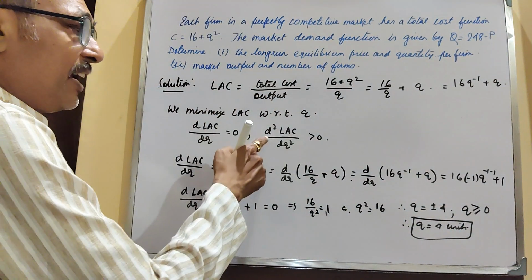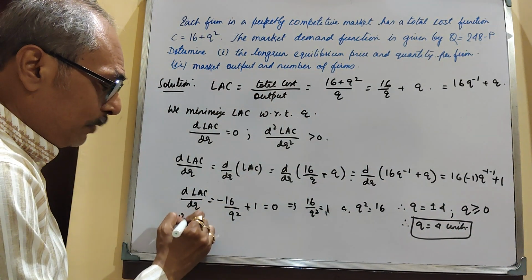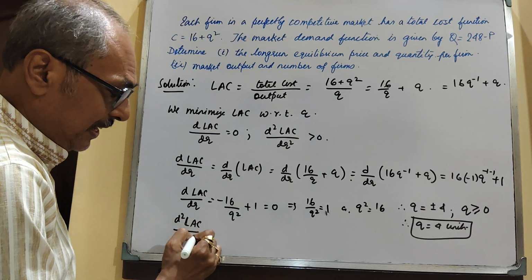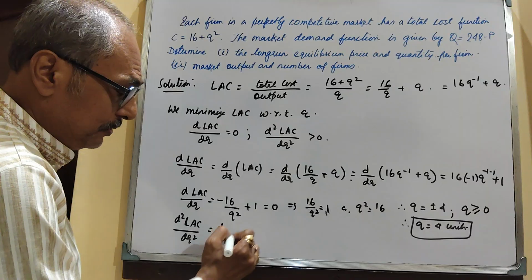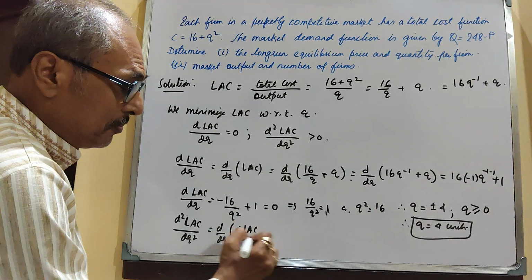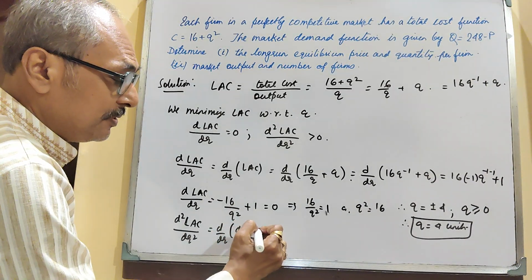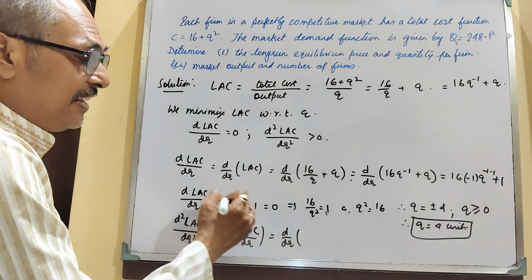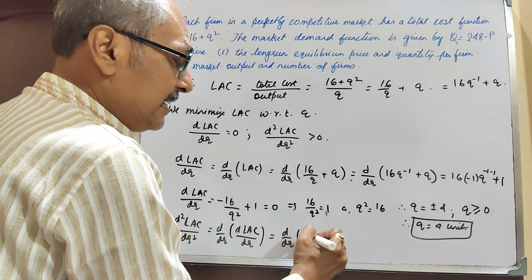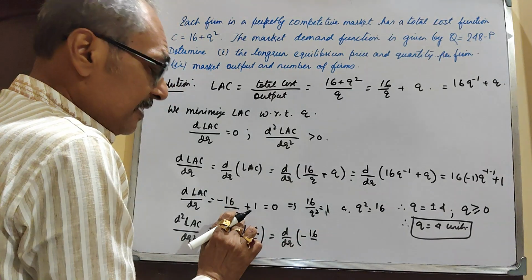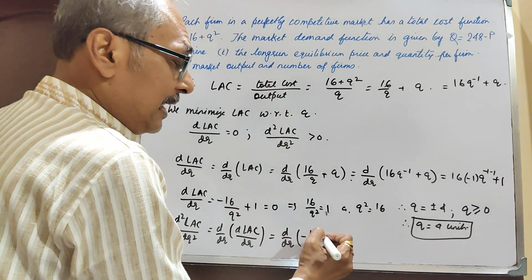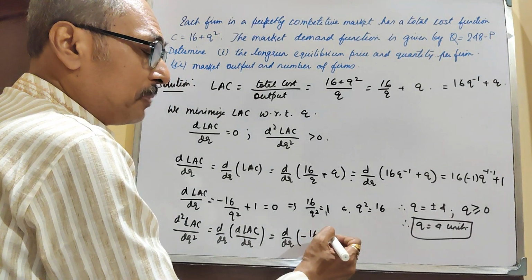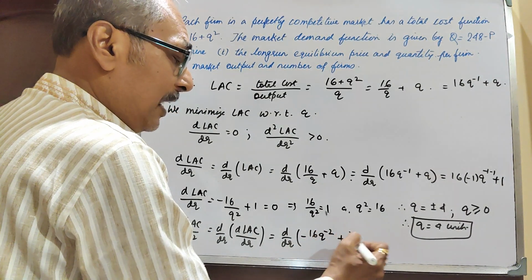Now, we check the second condition, that is d2LAC by dq squared equals d by dq of dLAC by dq. dLAC by dq is minus 16 q to the power minus 2 plus 1.